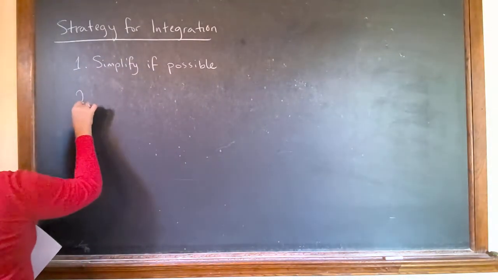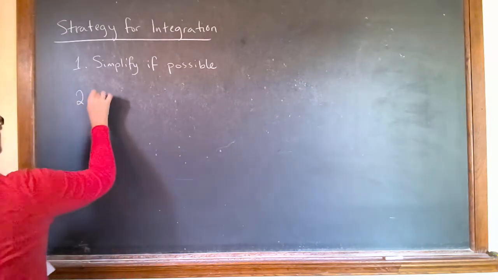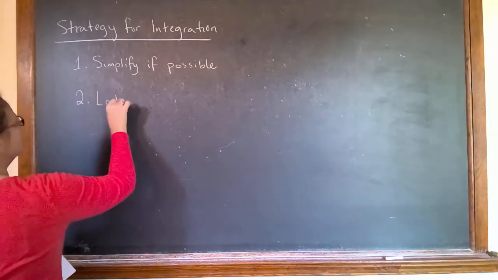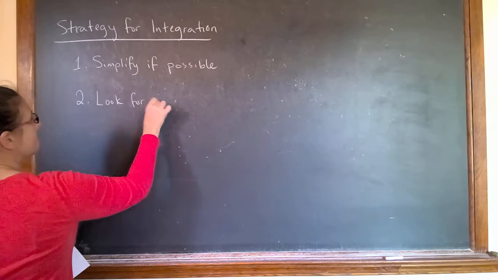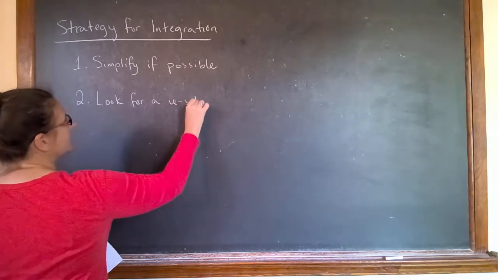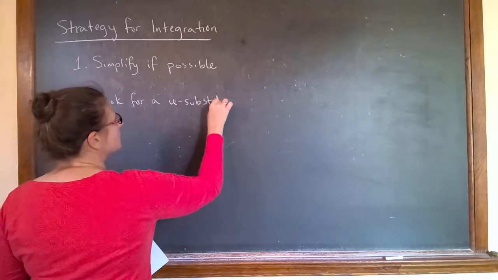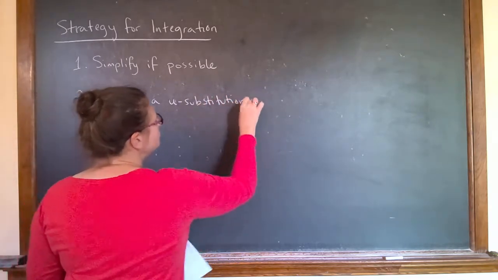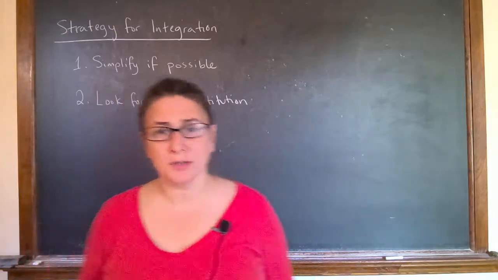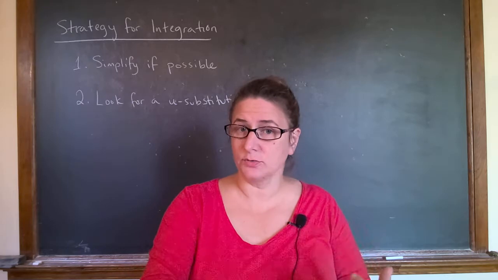Then the first thing I always do after seeing if I can simplify is look for an obvious substitution. So a u substitution is what I'm thinking. What do you do when you're looking for that? You're looking for something to be your u, and then something that's going to be your du.